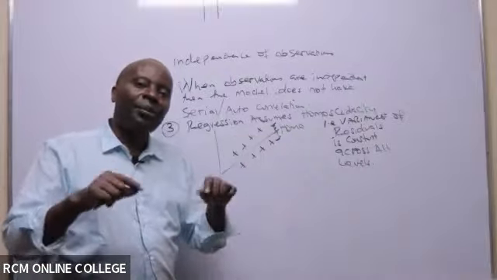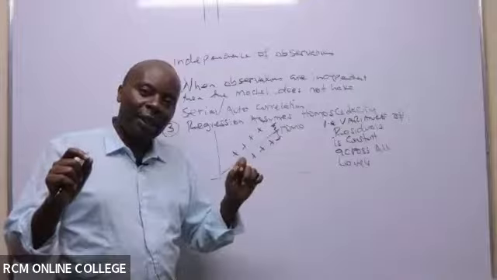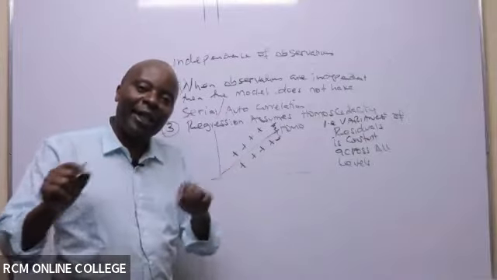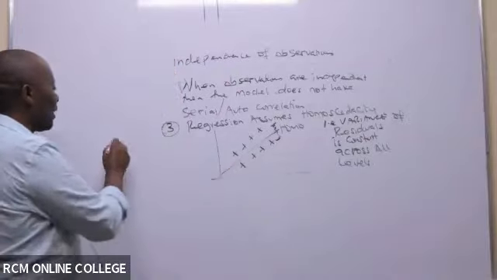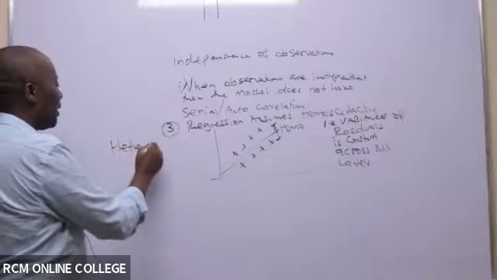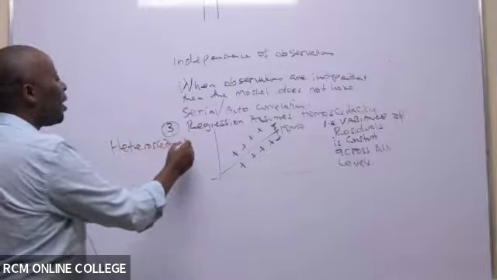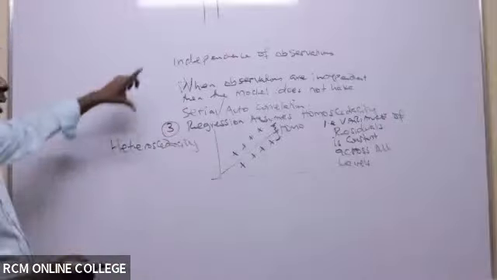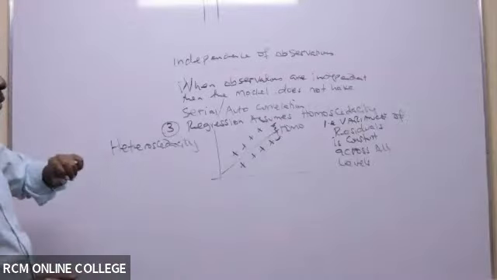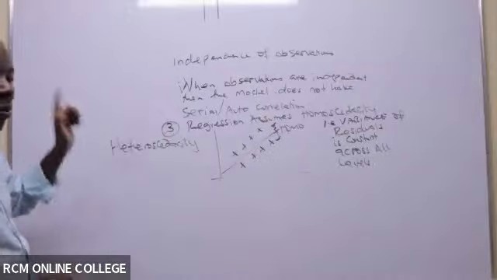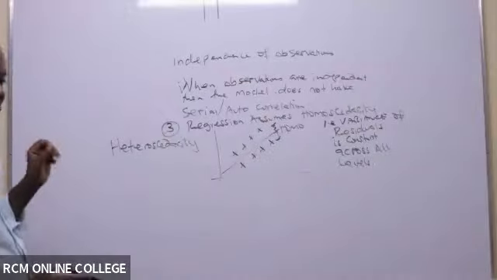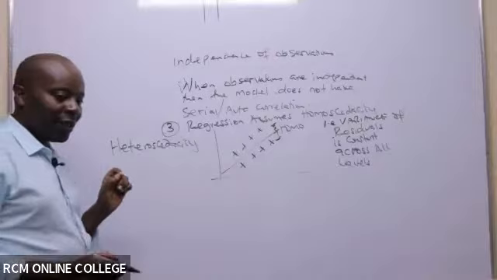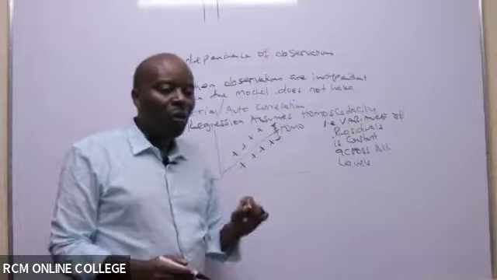If your data is heteroscedastic like this, then automatically you can't use regression, because regression assumes homoscedasticity.